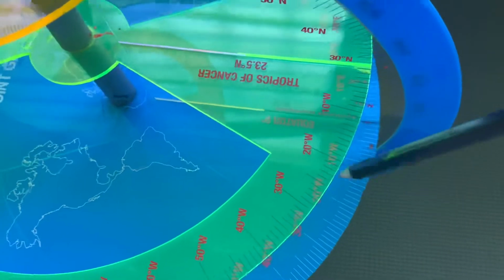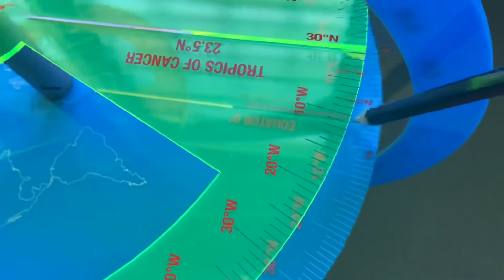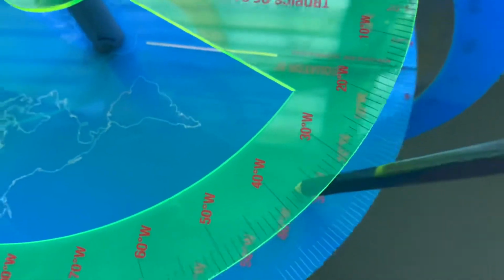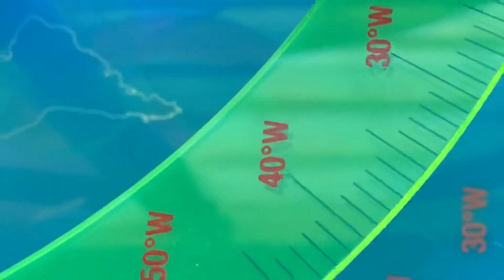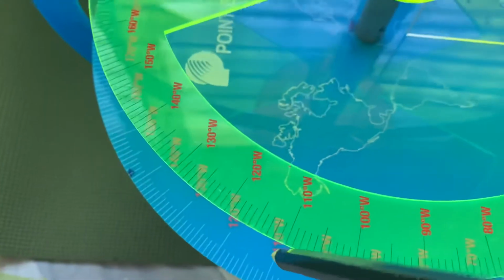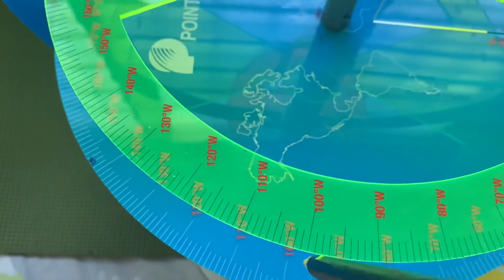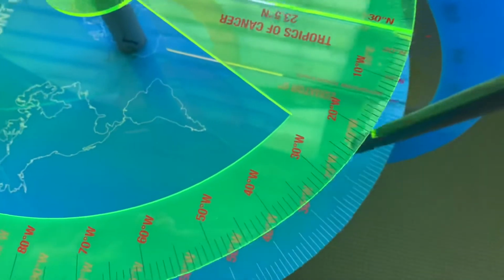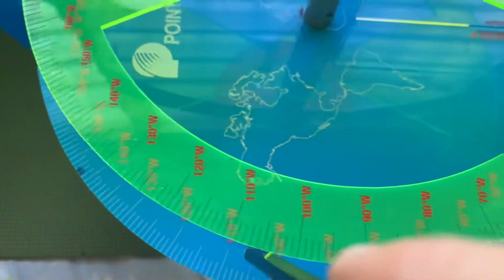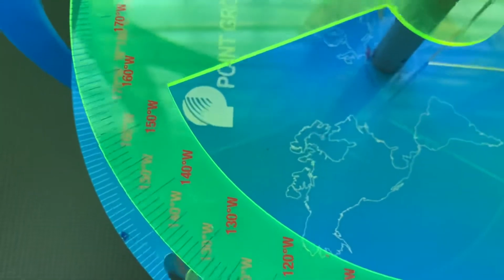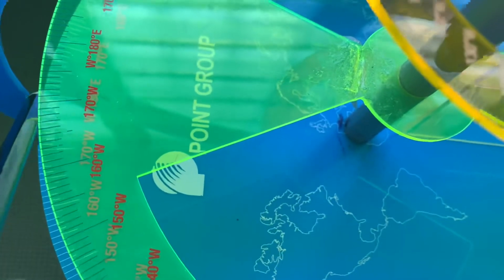If you move to the west, 10, 20, 30, 40 degree west, you can move along the equator or along the parallel latitude, and the degree will keep on increasing: 10, 20, 30, 40, 50, 60, 70, 80, 90, 100, 110, 120, 130, 140, 150, 160, 170, and 180.